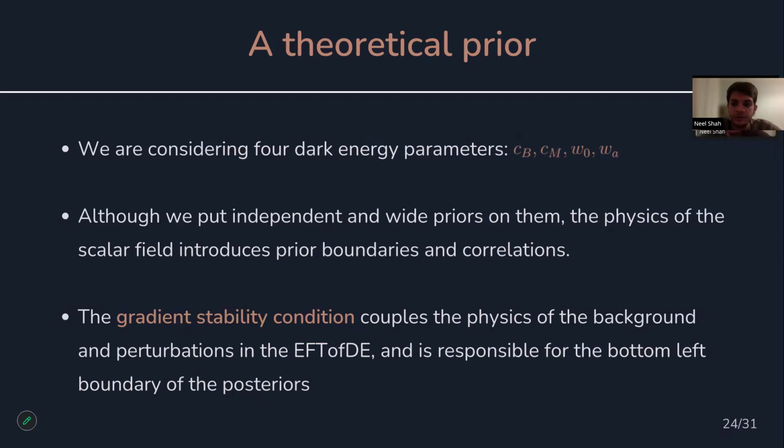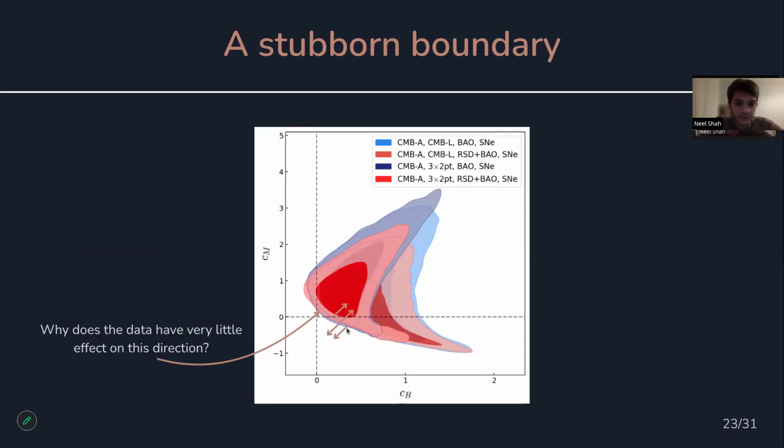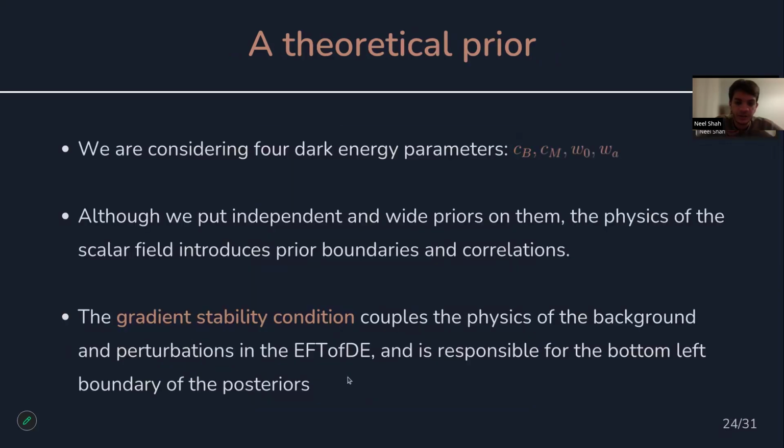However, the physics of the scalar field will introduce prior boundaries and correlations in this 4-dimensional space of our varied parameters. Specifically, the physics that is responsible for this boundary and these contours is the gradient stability condition.